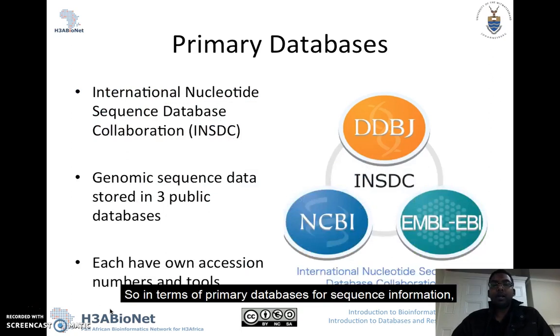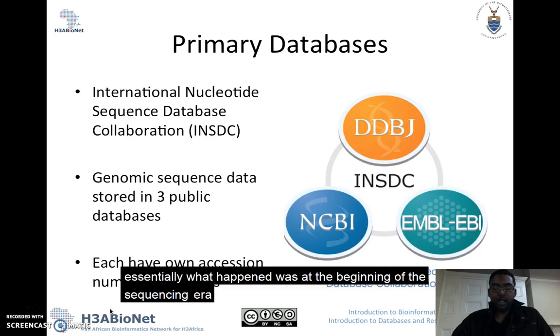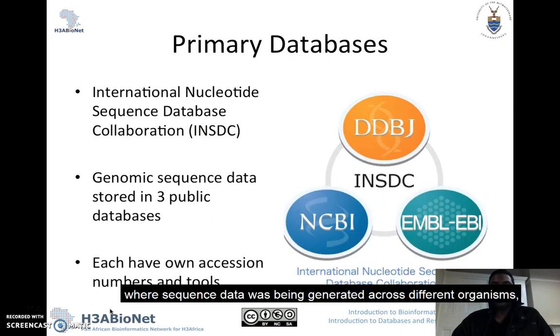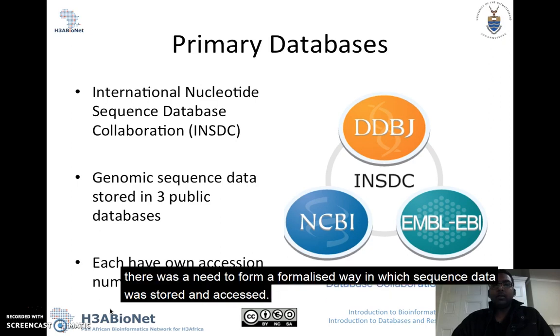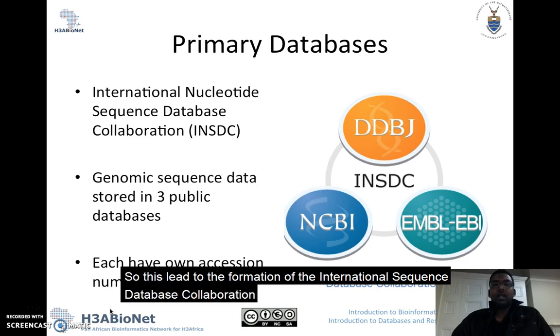So in terms of primary databases for sequence information, essentially what happened was at the beginning of the sequencing era, where sequence data was being generated across different organisms, there was a need for a formalized way in which sequence data was stored and accessed. So this led to the formation of the International Nucleotide Sequence Database Collaboration, INSDC.